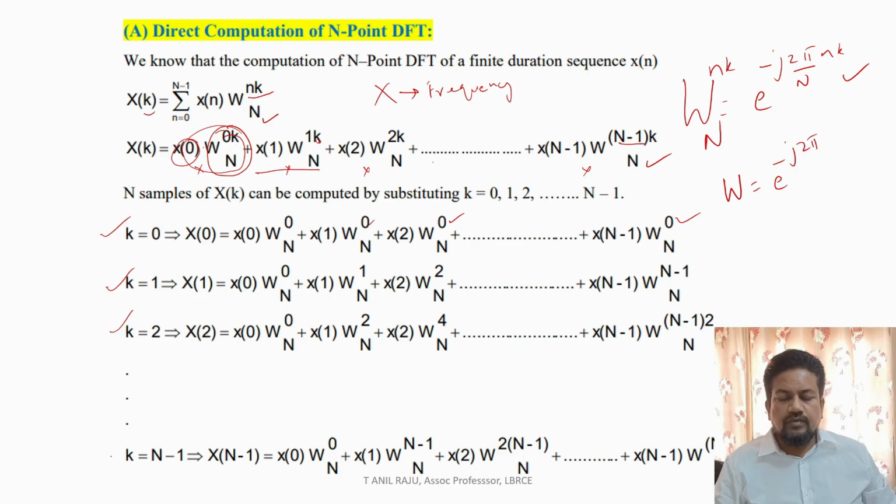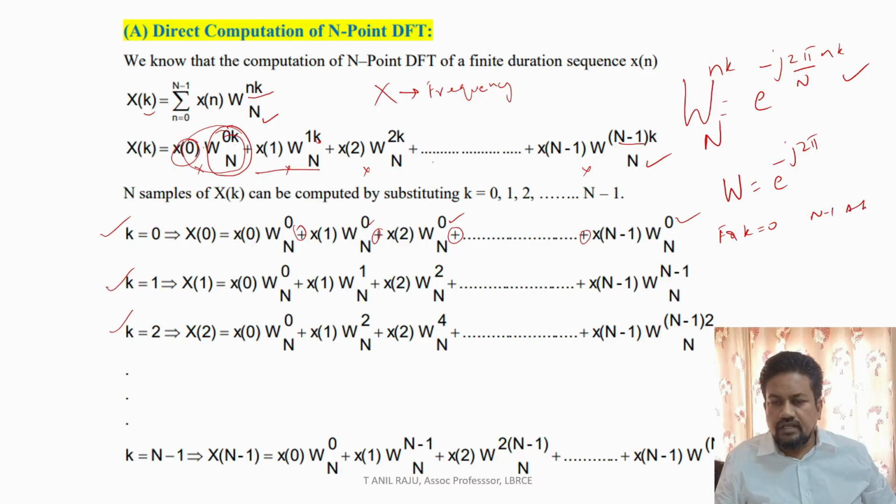From this we can tell how many multiplications and additions are required. If you consider this equation for k equal to 0, how many additions are required? One addition, another addition, and another addition, like this. So that means we have N minus 1 additions required.